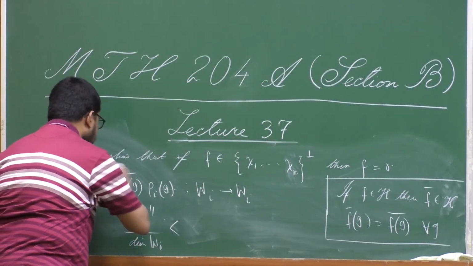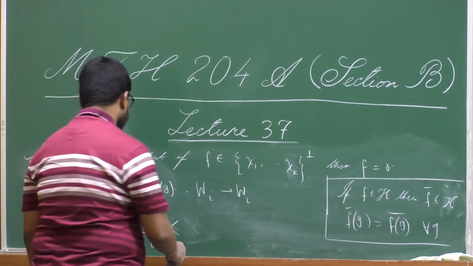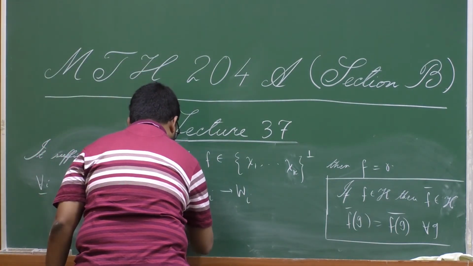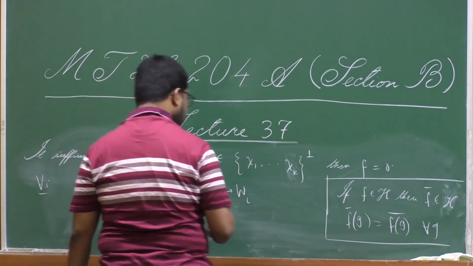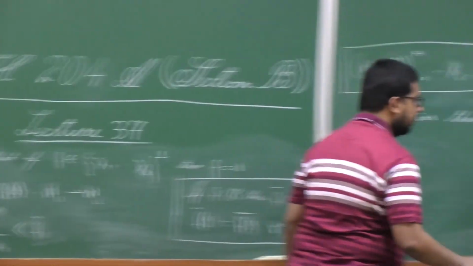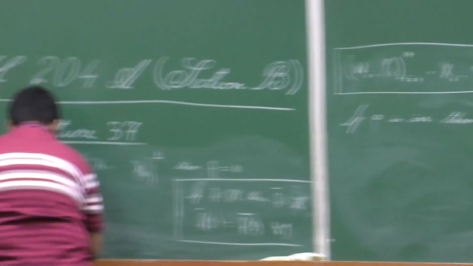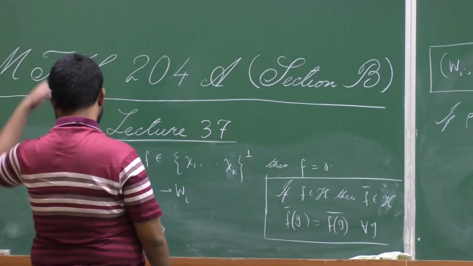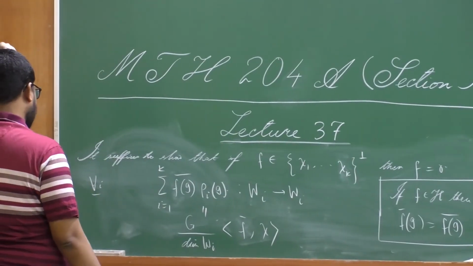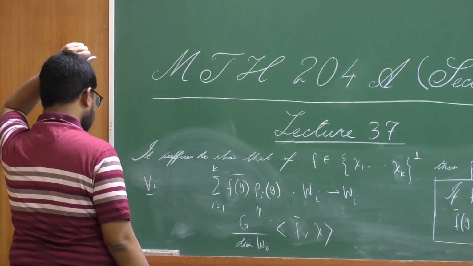So you rather take this, the advantage will be simply F bar chi bar.